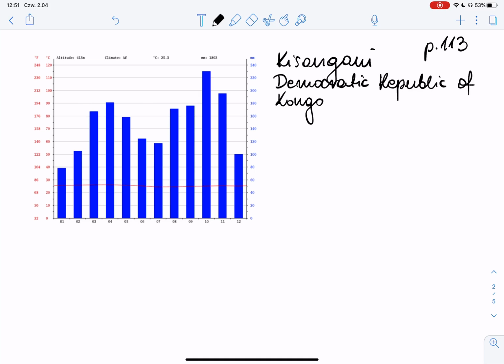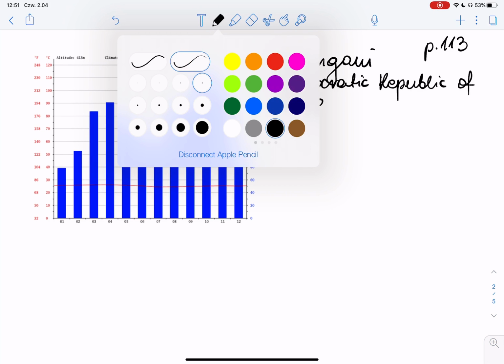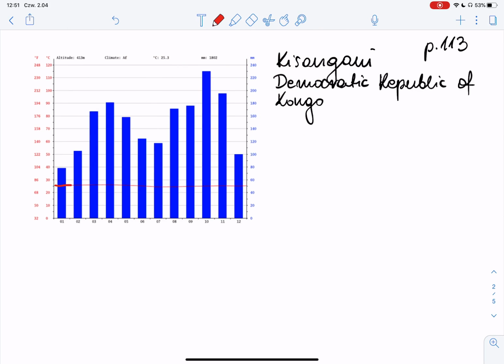As you can see, the temperature throughout the year is basically stable. It's in between 20 and 30 degrees Celsius. Basically, for the whole year, it's around 26 degrees Celsius.